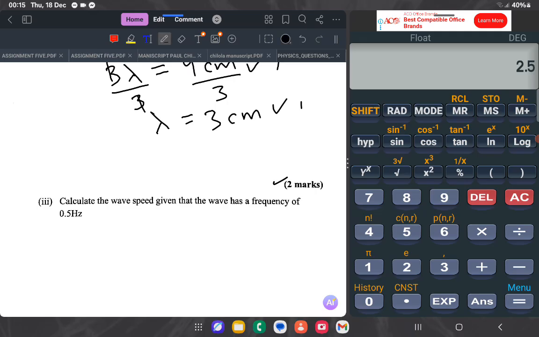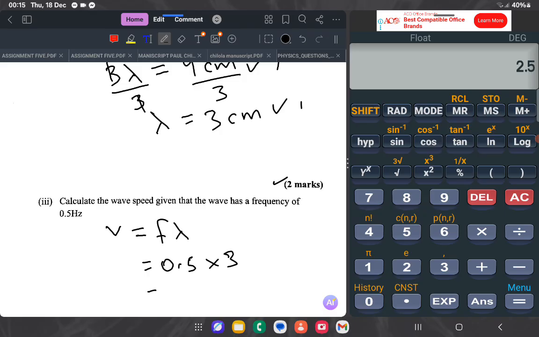Okay, wave speed v is given as frequency multiplied by wavelength. Make sure you know this equation. Wave speed is equal to frequency times wavelength. So frequency is given to us as 0.5, and wavelength we just found it is 3.